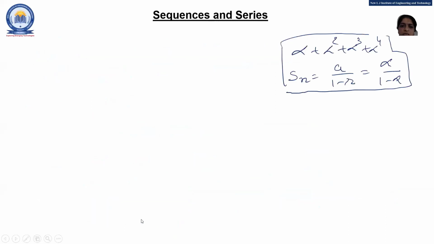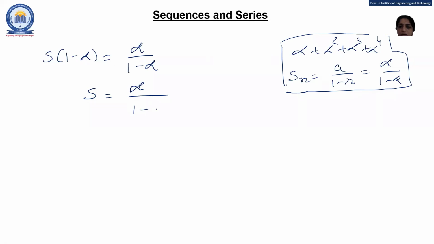Left hand side stays the same, S times 1 minus alpha, and my right hand side is alpha upon 1 minus alpha. This is from the summation of the geometric series, and here mod alpha is less than 1. So S is alpha upon 1 minus alpha, divided by 1 minus alpha again, so alpha upon 1 minus alpha whole square.